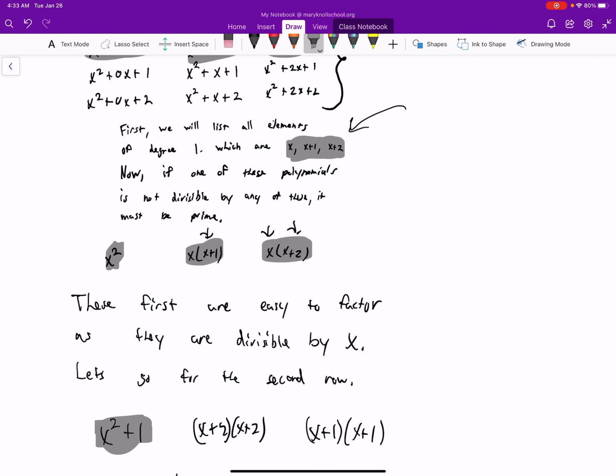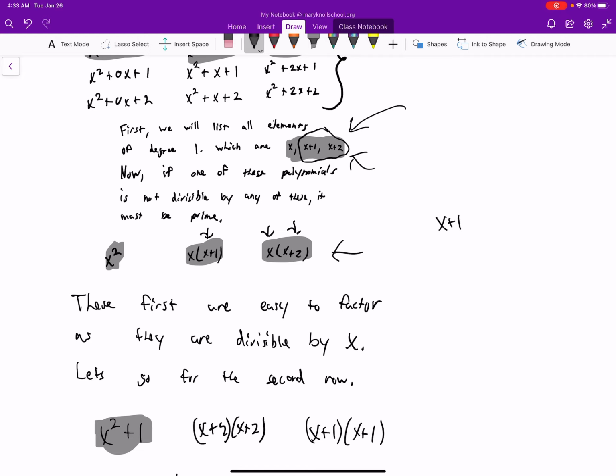Then I want you to think of another thing. So when we're dealing with these, we can take all the combinations of these ones, right? So let's just think of these two, the x plus 1 and the x plus 2, since we've already taken care of all the x's.